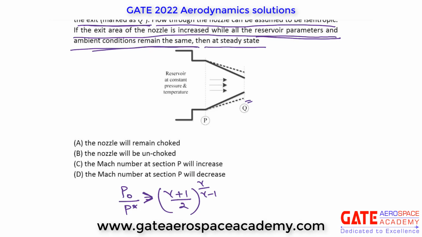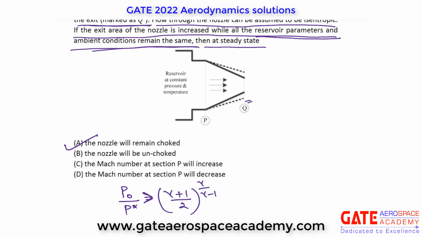So whatever pressure ratio it was working on, now also the pressure ratio is the same. So obviously it will be choked only, correct? Because the pressure ratio is the same. So the first thing is clear that the nozzle will remain choked. So in option A, the nozzle will remain choked.